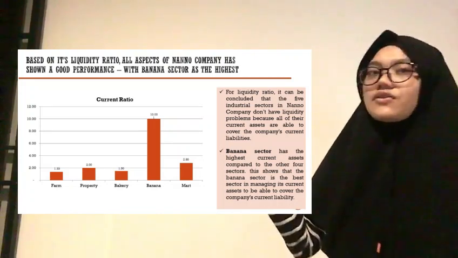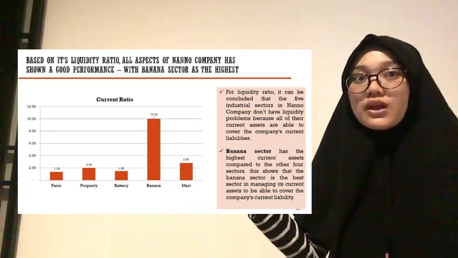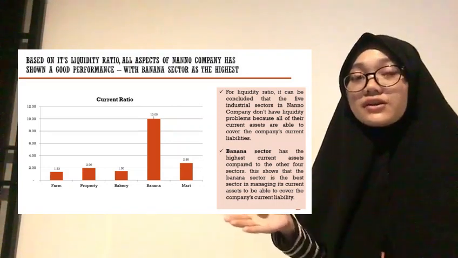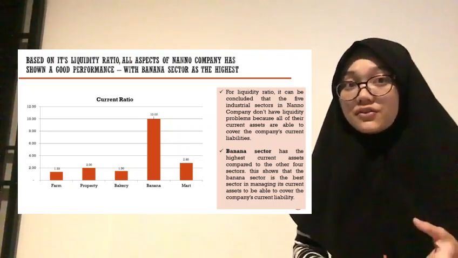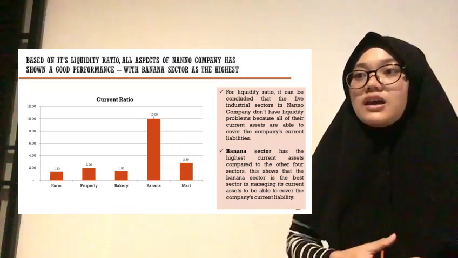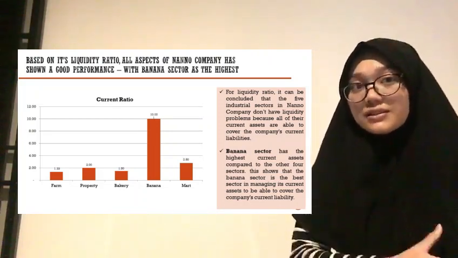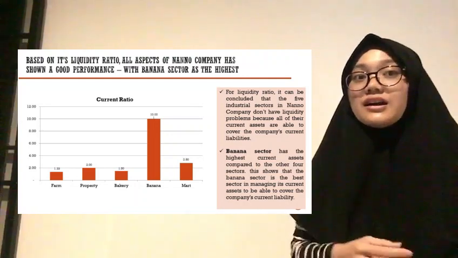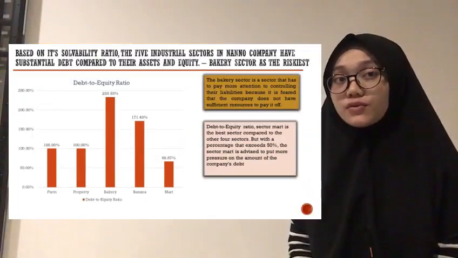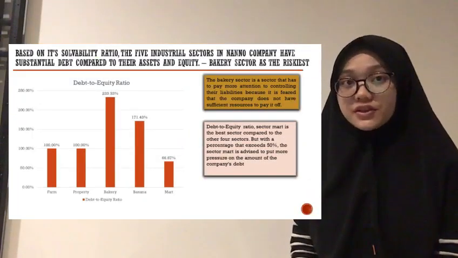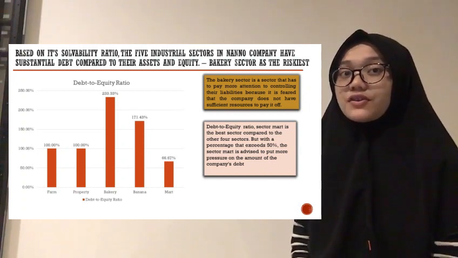But the other 4 sectors are also good because their current ratio is above 100%, so it means that the other 4 sectors can also cover their current liabilities with their current assets.